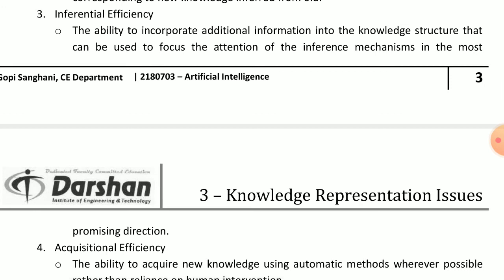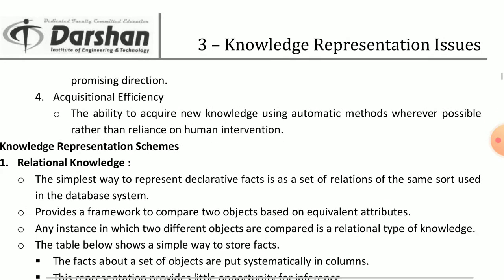In this third property, we can find out the extra information of the knowledge and then focus on some particular domain or one topic and find out its direction. Okay, this is our third property.